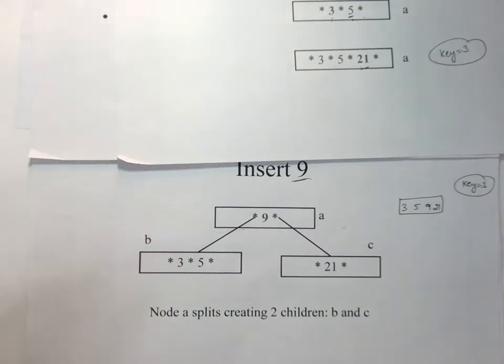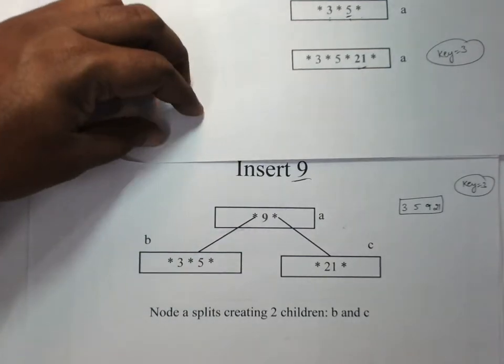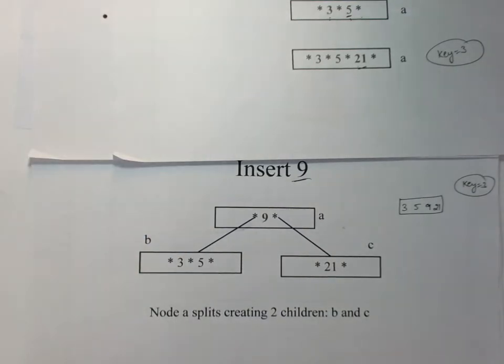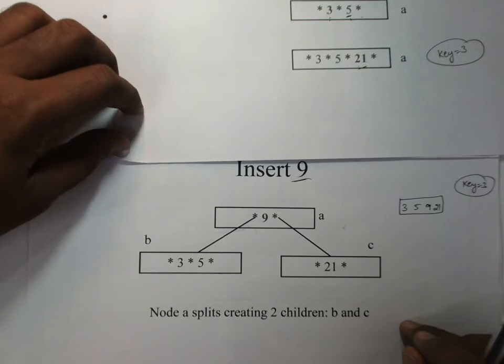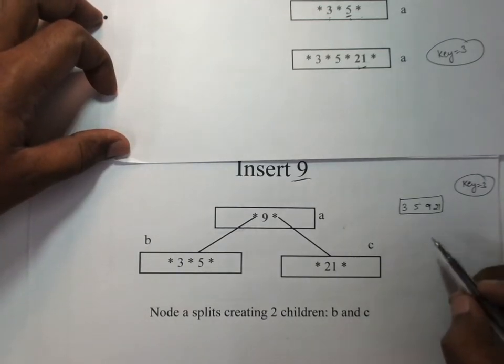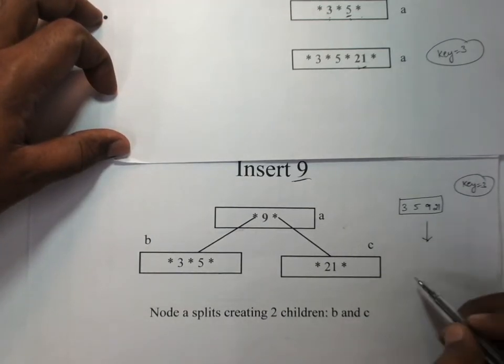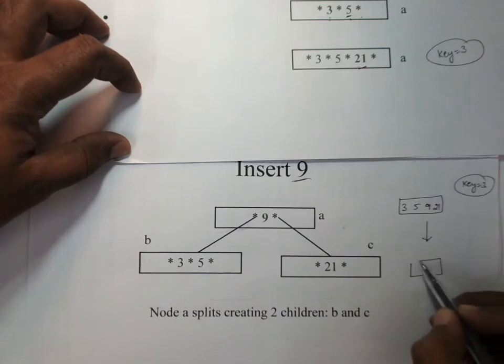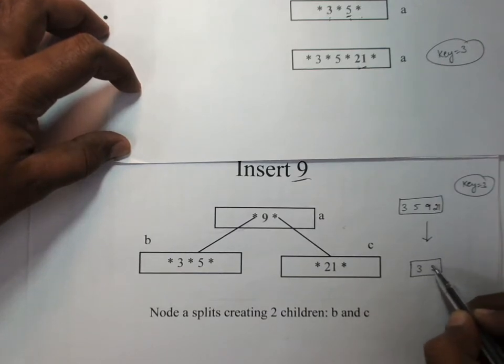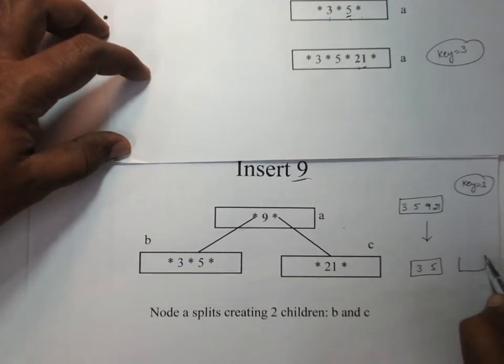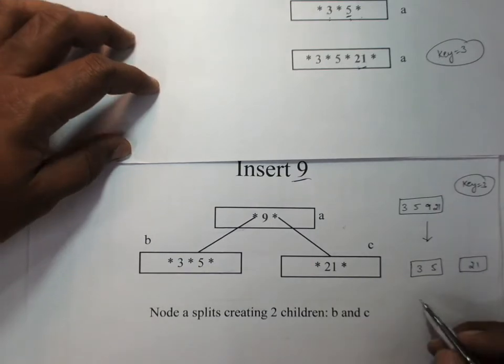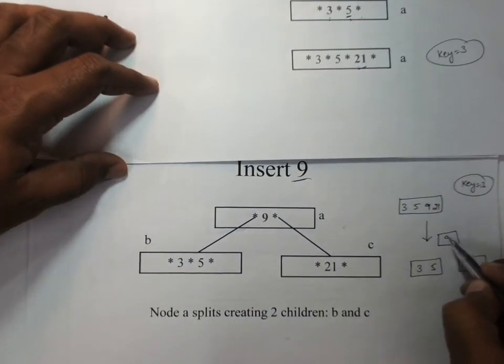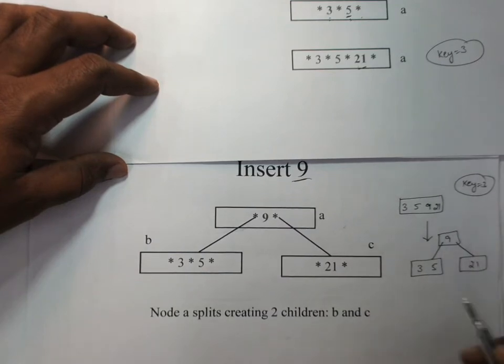By using the property of insertion in a B tree, one key value is promoted to the parent, and we split that particular node. We find the median: 3 and 5 stay on one side and 21 on the other, and 9 is promoted above, with this as the left node and this as the right node.